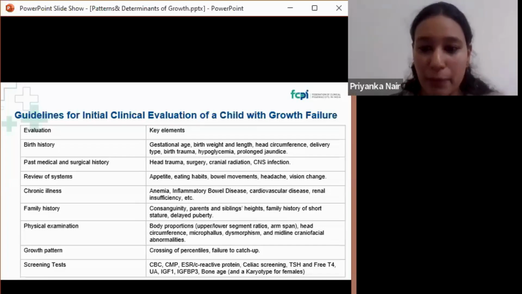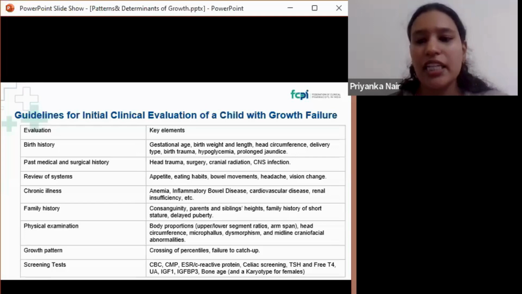Then physical examination like body proportions, upper lower segment ratios, arm span, head circumference, microphallus, dysmorphism, and midline craniofacial abnormalities. Then growth patterns again should be checked, crossing of percentiles and failure to catch up.